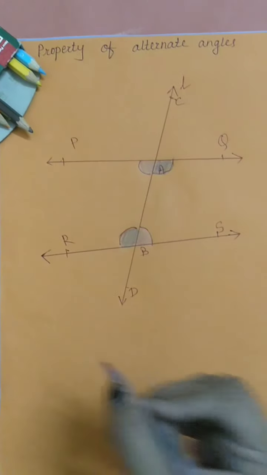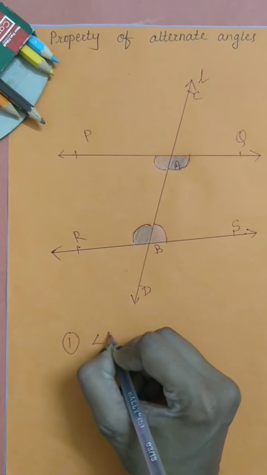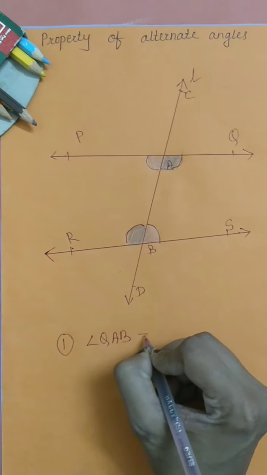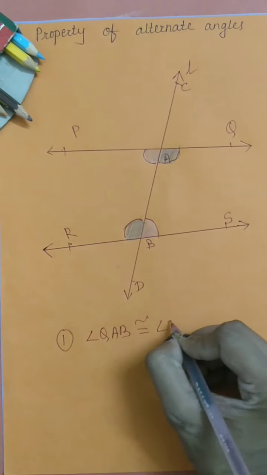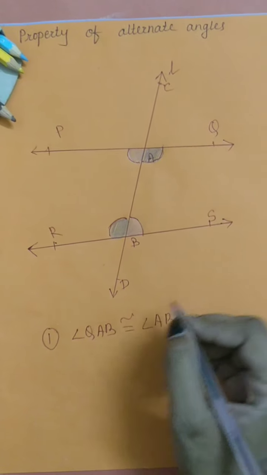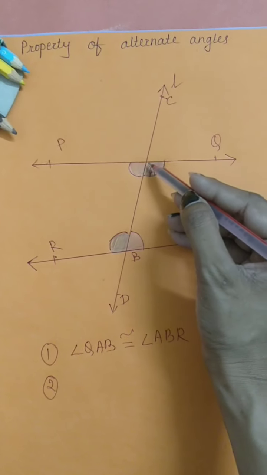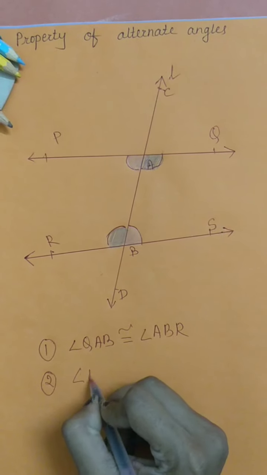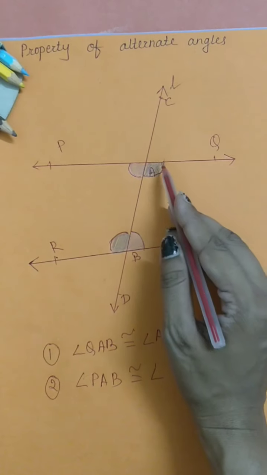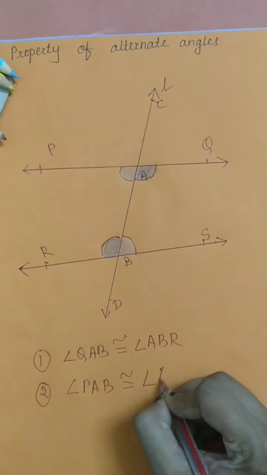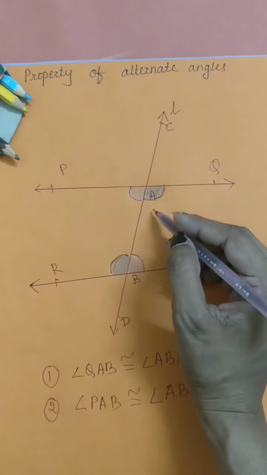So we are going to write this here, pair number 1, which is angle QAB is congruent to angle ABR. You have to write along with me. And the second pair we have here is angle PAB is congruent to angle ABS.